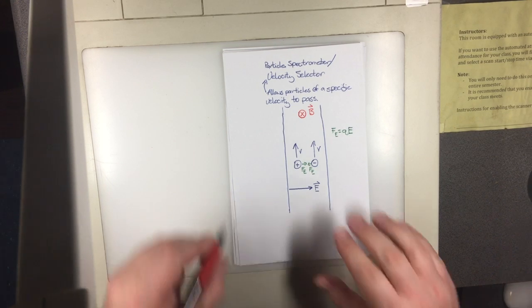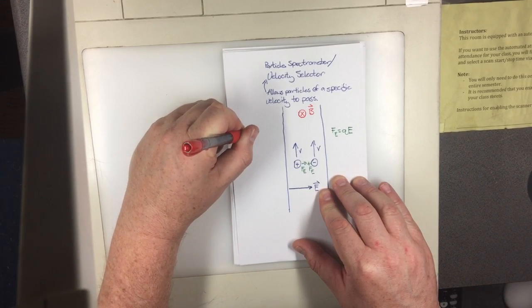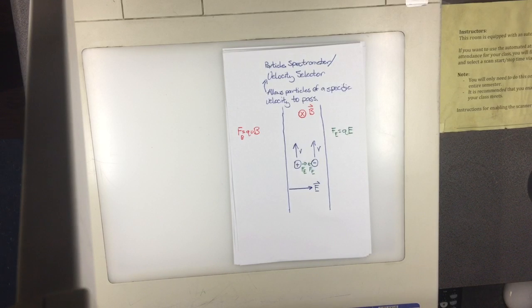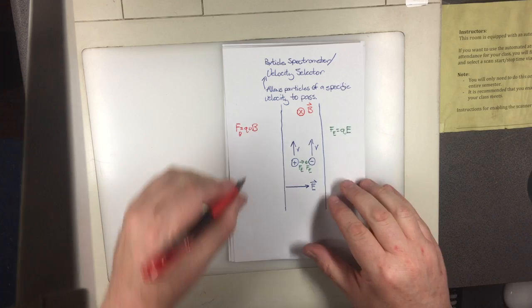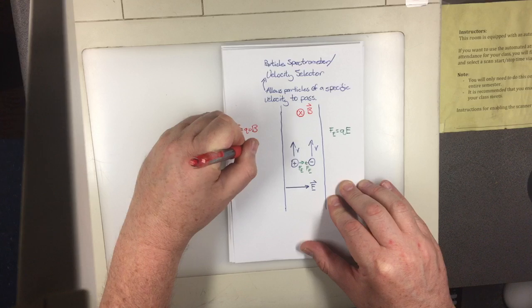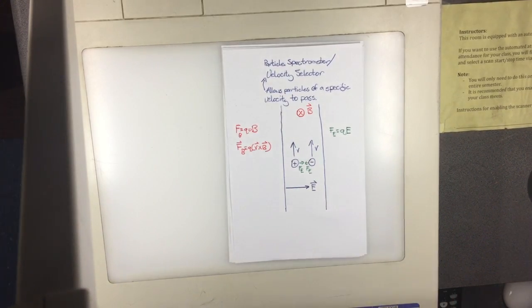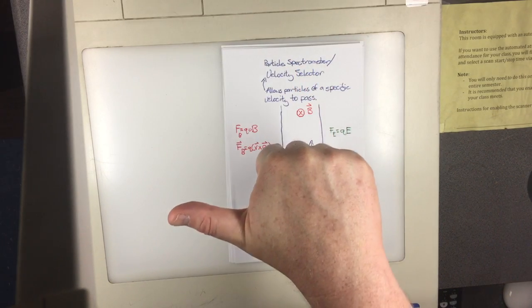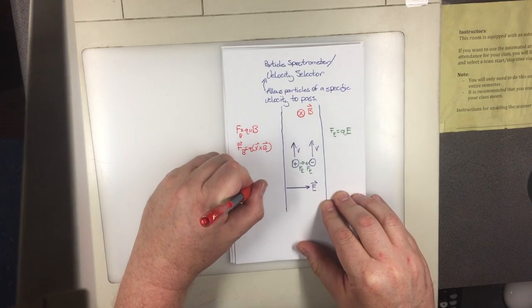The magnetic force is QvB, and the direction of the magnetic force is Q v cross B. So for both cases, v cross B is to the left. I'm going to write it over here.